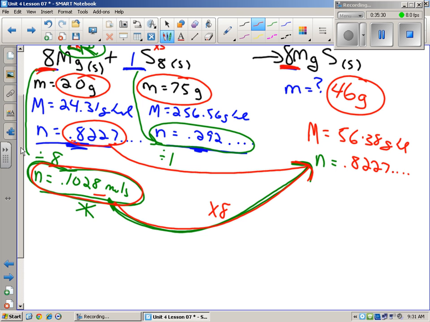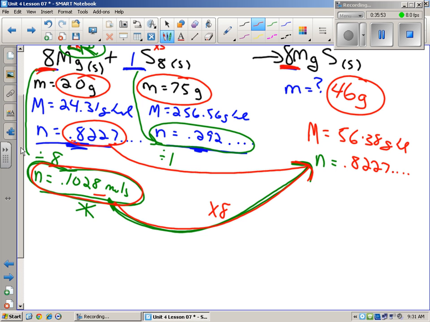If you actually did this reaction, you would end up with 2 things: some leftover sulfur and some magnesium sulfide, because all the sulfur does not react since it's in excess quantity. How much sulfur actually did react?